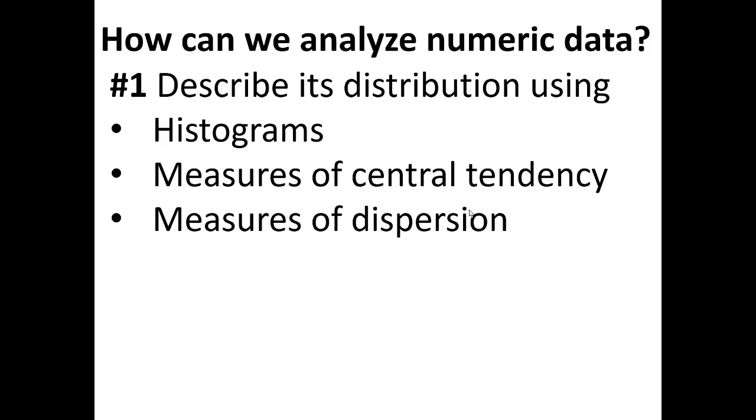So the distribution basically tells us something about how many of the values are high values, how many are low values, how many are close to the middle. And a histogram provides a picture, if you will, or an image to help you sort of understand the distribution of values in a particular variable.